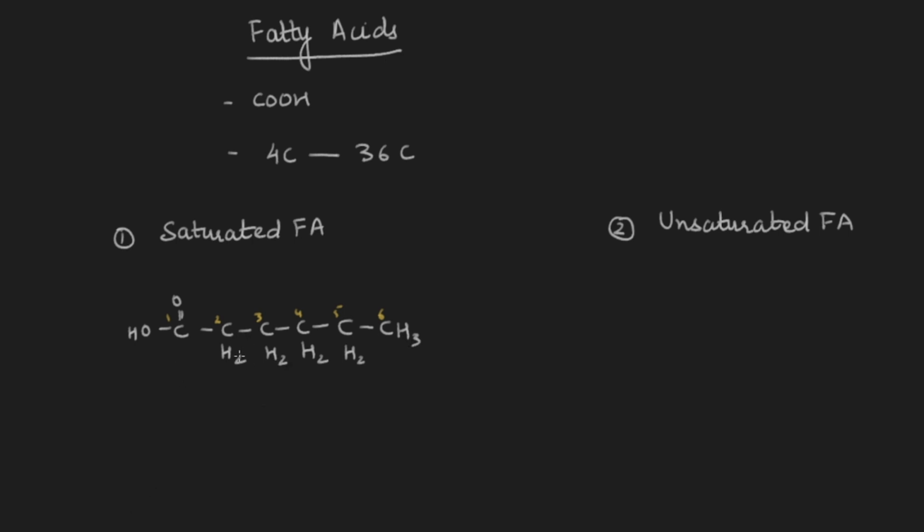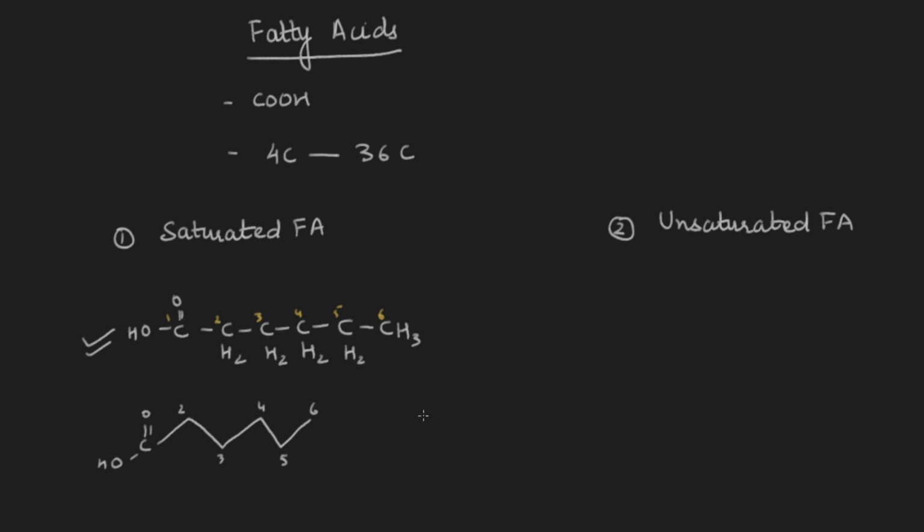When we are representing the saturated fatty acid, this fatty acid appears linear. So we can draw the saturated fatty acid as carbon number 1, 2, 3, 4, 5, and so this is the structure of this particular saturated fatty acid.